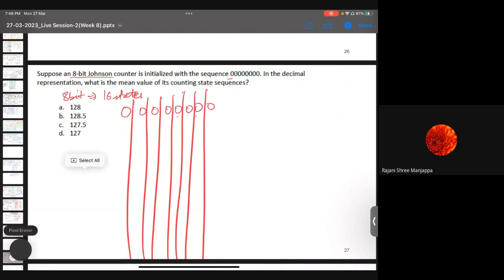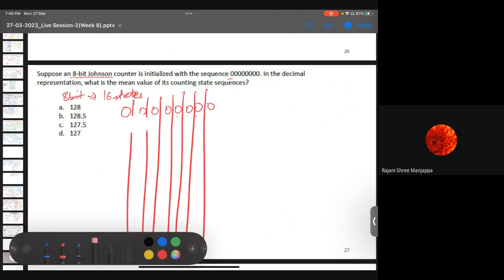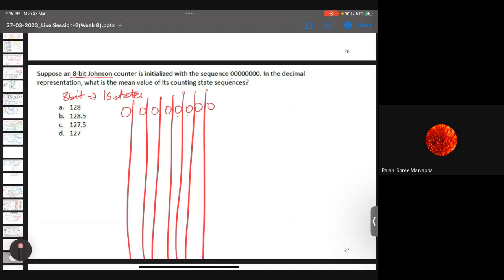So the first state will be, and what is happening? First state will be... I hope it is clear. I'm doing it quite fast.